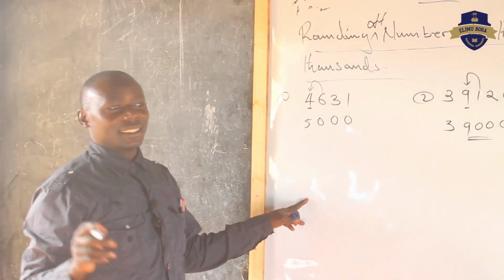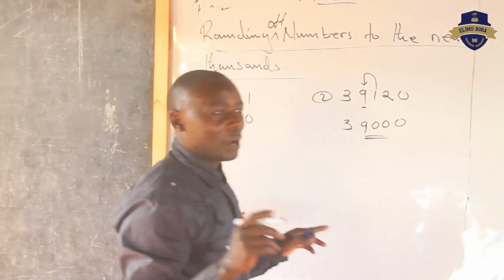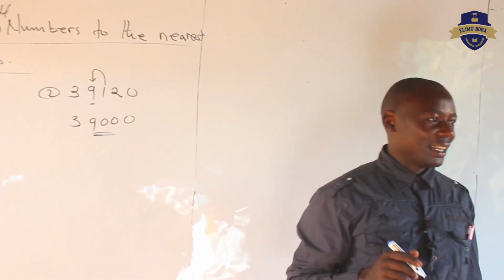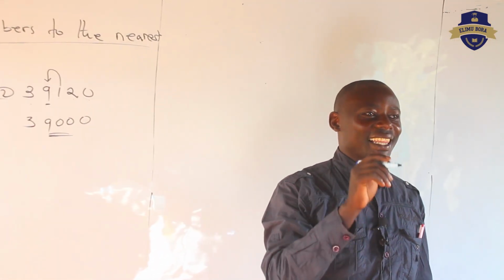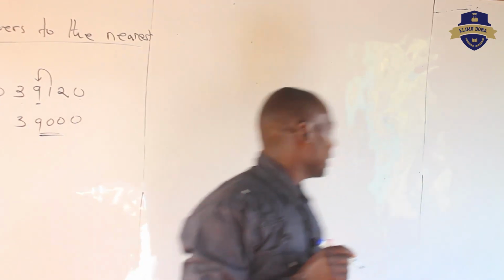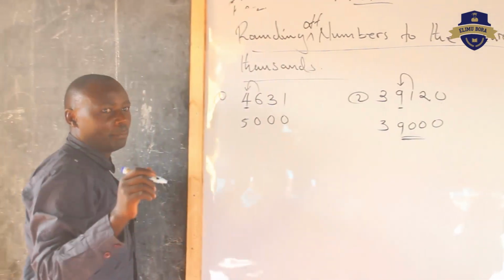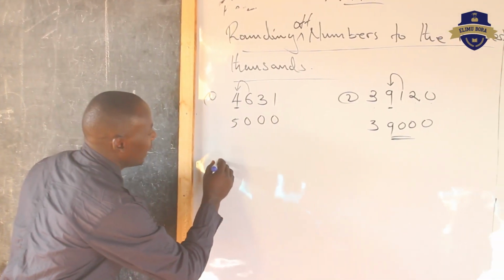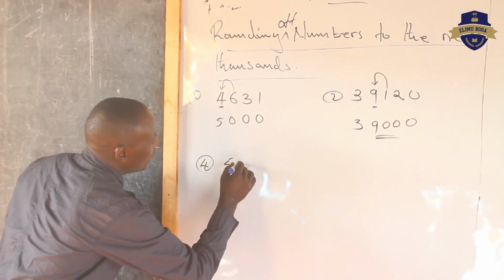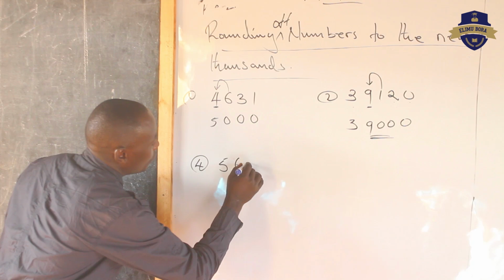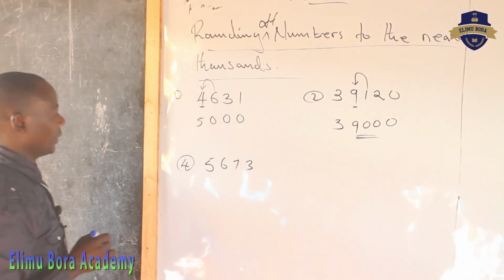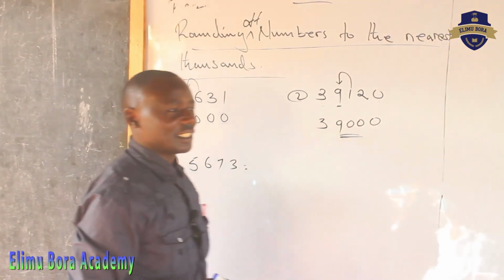For example number 3, I want one of you to come in front and try to round off the number I write here to the nearest 1,000 so that I can confirm if you have understood. It is very simple. Example 4: 5,673.